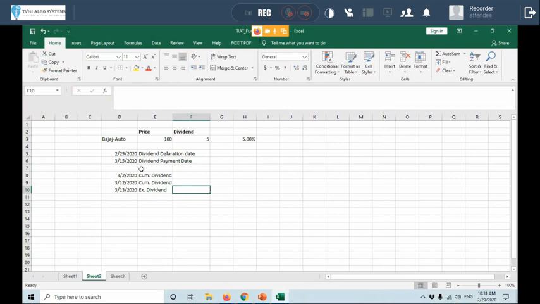So if anyone says 100 rupees is the ex dividend price, it means that if I buy the share on this particular day, which is 13th of March, I will not be eligible for getting the dividend.